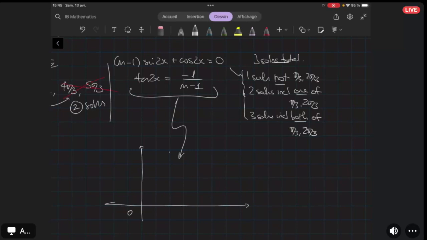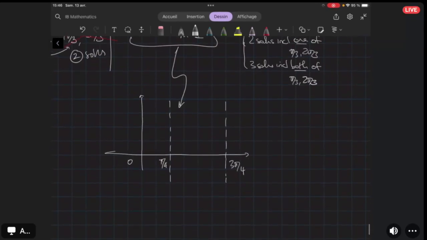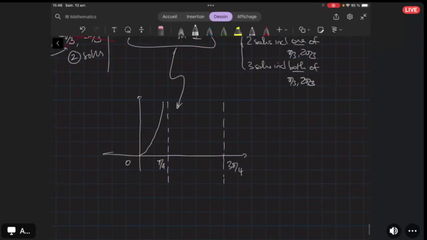So tan of 2x will have an asymptote at pi over 4. And then we have another asymptote, not here, at 3 pi over 4. So, going up, going up.